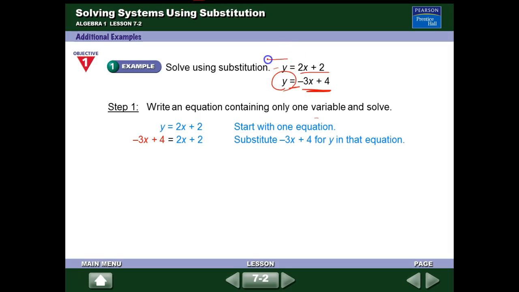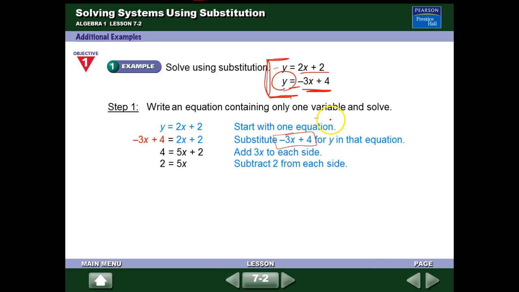Understand that this is considered a system of equations. It's not just two random linear equations put together. These are a system of equations, so therefore you can substitute your letters back in.